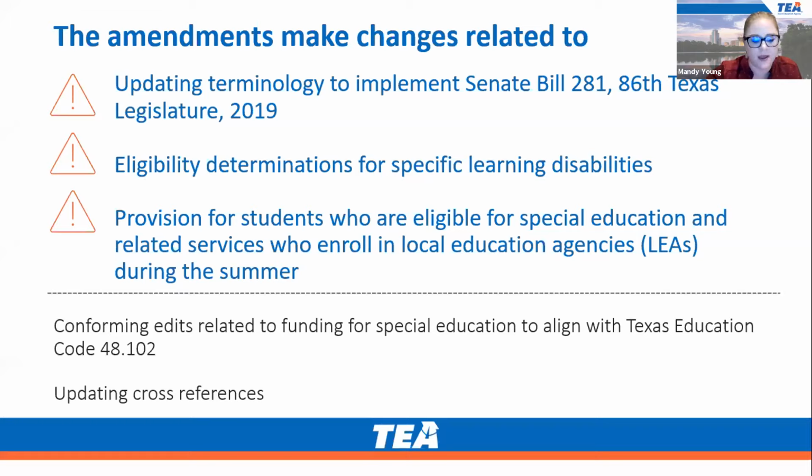The other pieces under that dotted line were changed in Chapter 89, and they have to do with conforming edits related to funding for special education that align with the Texas Education Code 48.102. And then there were changes related to updating cross-references. However, we're not going to get into that information today because it doesn't really impact practice. But again, you're welcome to read through those changes when Chapter 89 is posted. If you're super interested, just go to that link that Deanna posted for you in the chat, and you can read all about it.